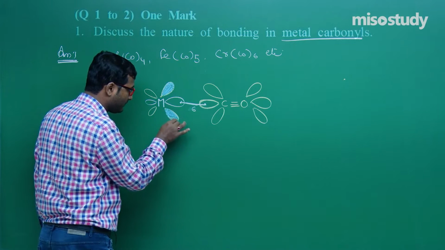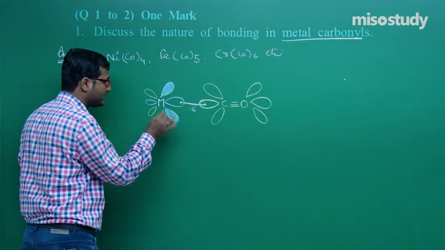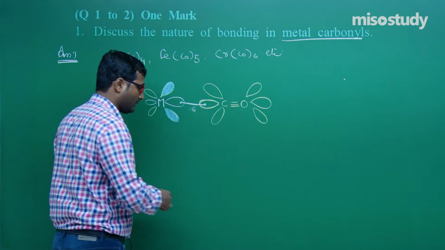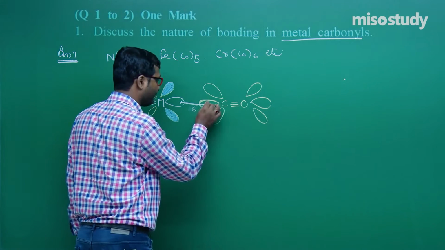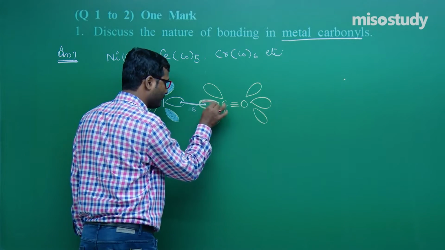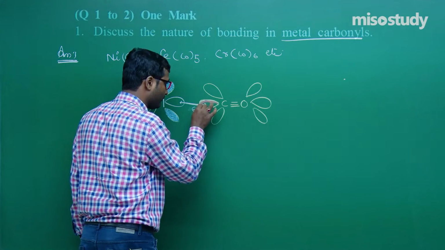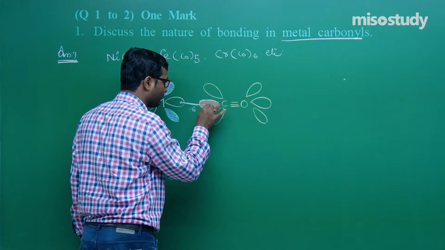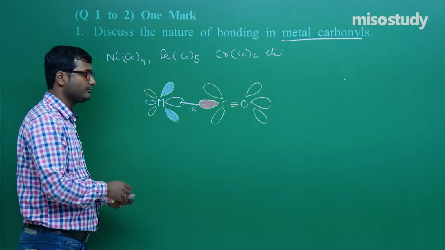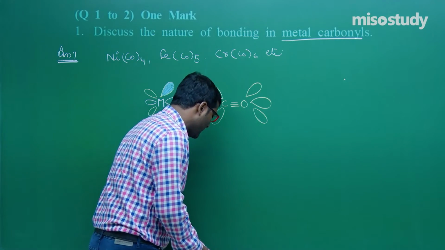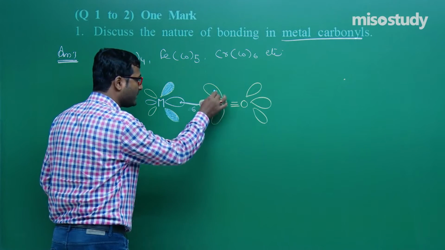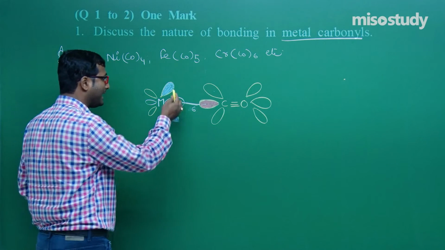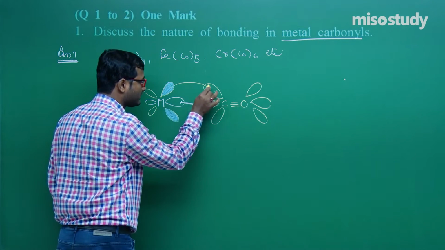Wait friend, give me a few seconds so that you can easily understand this thing. Clear? That is the donation. Yes. Now, here the empty orbitals and the back donation are also possible.